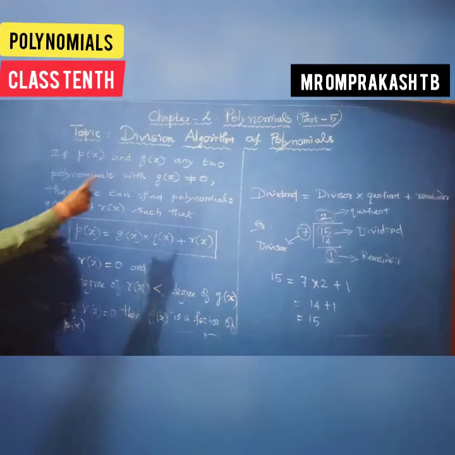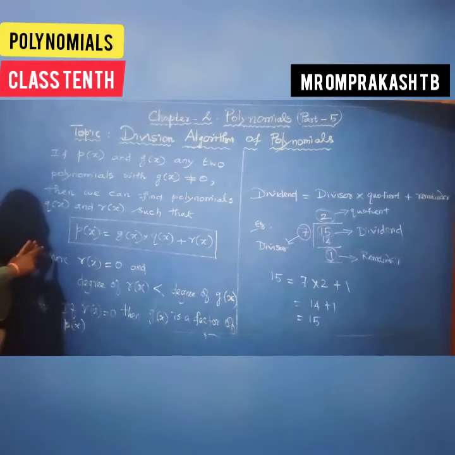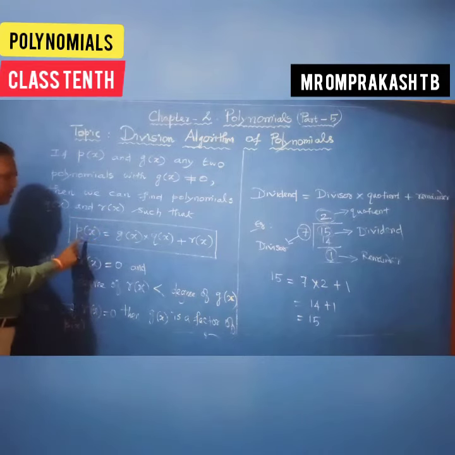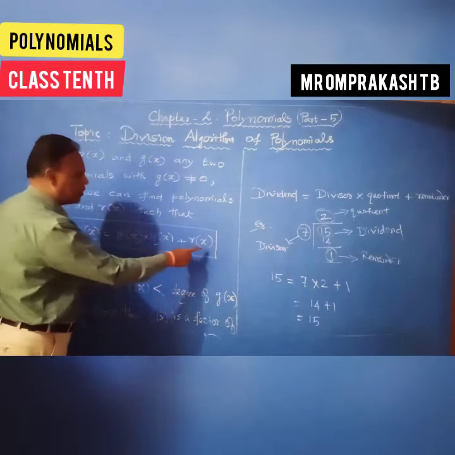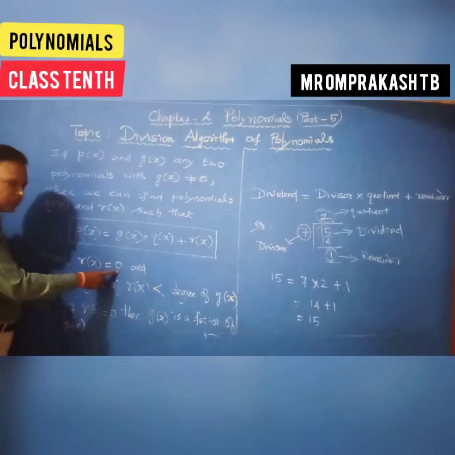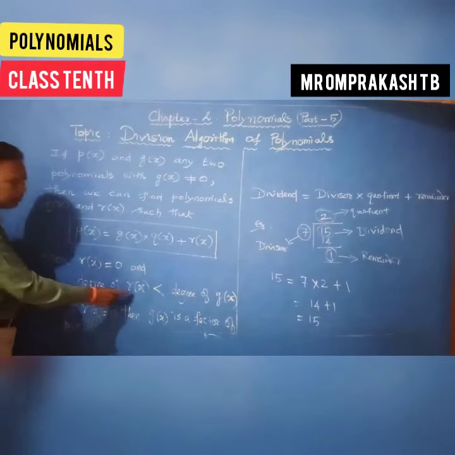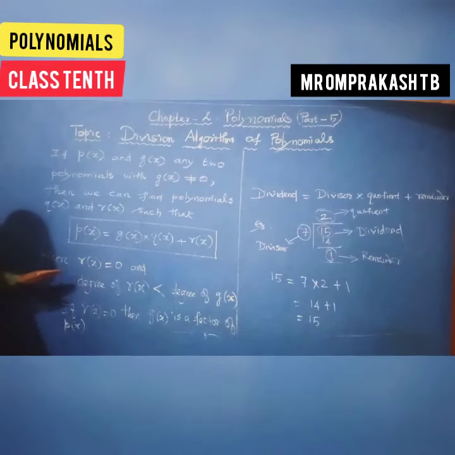So the same statement we are writing in polynomial form: p of x equals g of x into q of x plus r of x, where r of x equals 0 or degree of r of x is less than degree of g of x. This condition you have to remember.